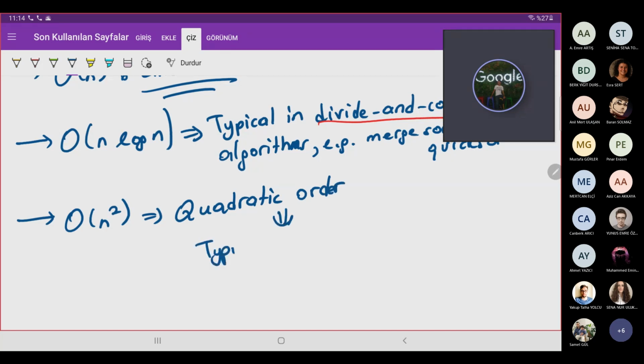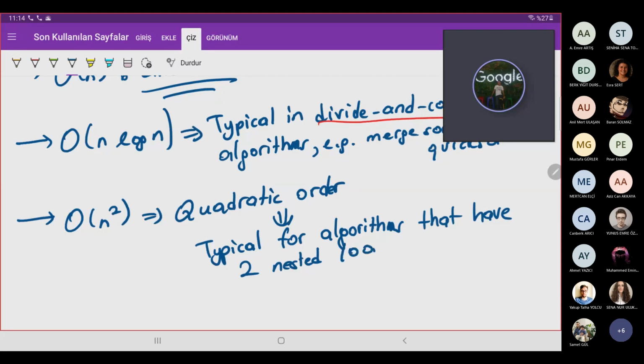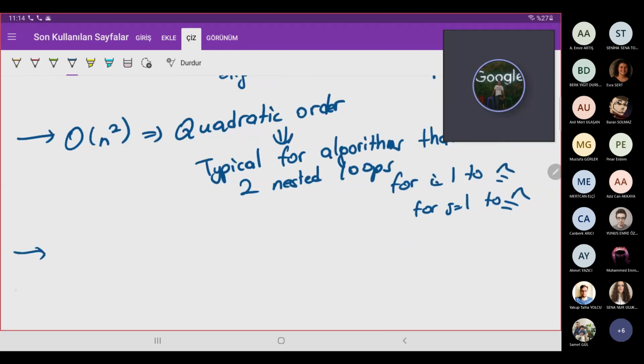This is typical for algorithms that have two nested loops, like for i from 1 to n, and then for j from 1 to n, etc. Then big O n cube, we say it's cubic order. When we say cubic order, we imply n cube.